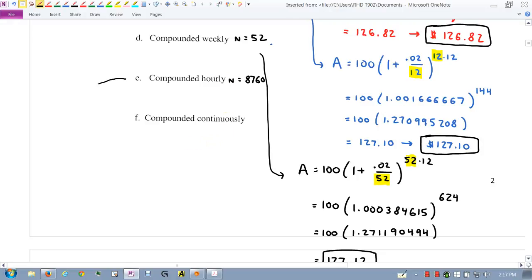And let's go and do that. That's going to be 100, 1 plus 0.02 over 8760, to the 8760 times 12.